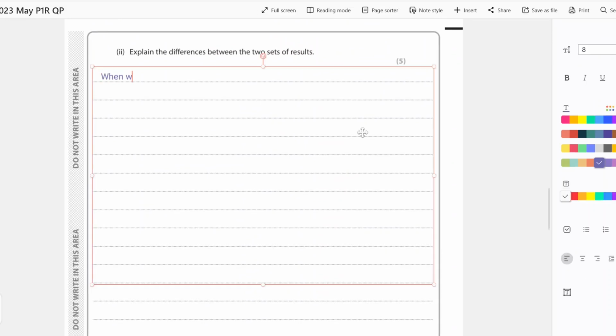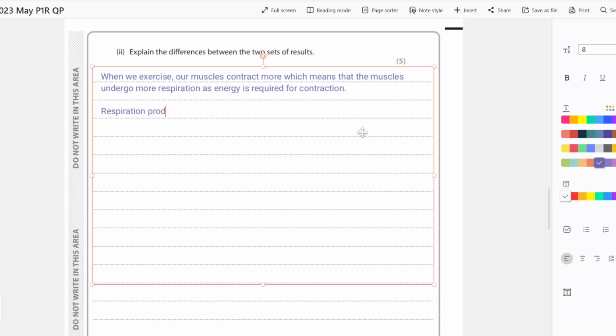So when we exercise, our muscles contract more, which means that the muscles undergo more respiration as energy is required for contraction. Respiration produces heat, which increases our body temperature.